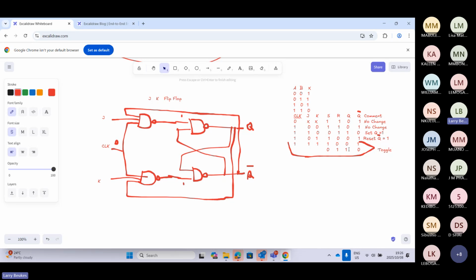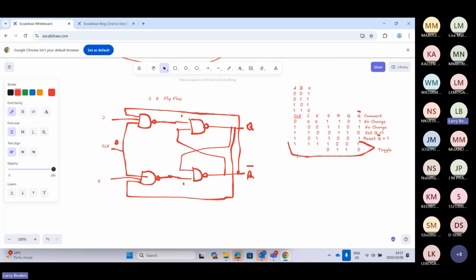Or maybe just X and X here. Do you get my point? Because now we don't care if this is, no, but here we care. This must be 1 0. It mustn't be 1 1. Okay, so you can use the X here and X here for this one. But you can draw it like this, just for the sake of your topic. You can just draw it like this, just to explain that this is toggle.